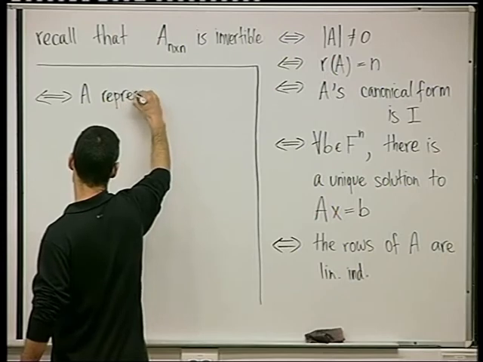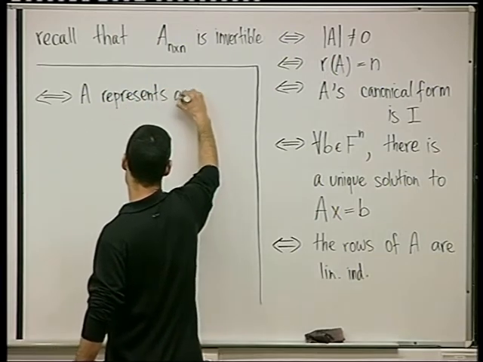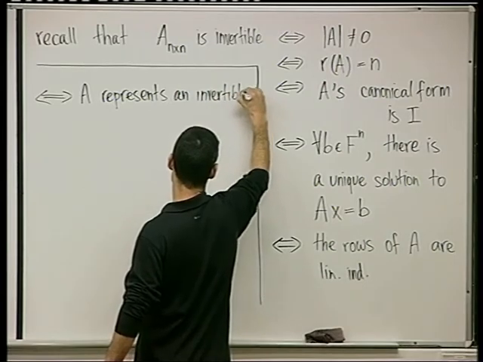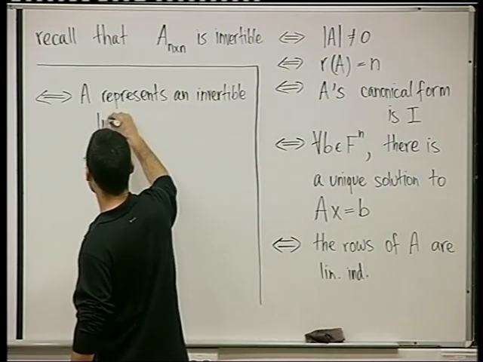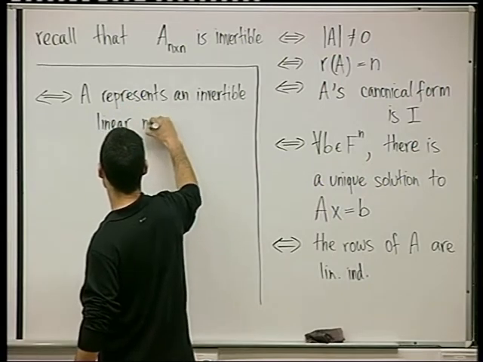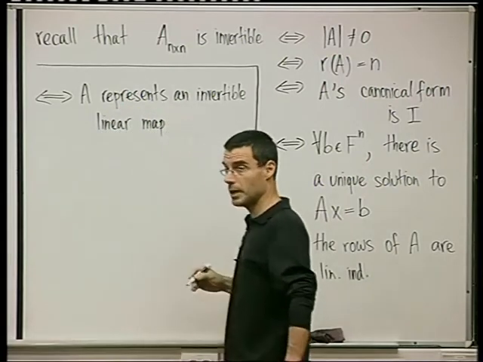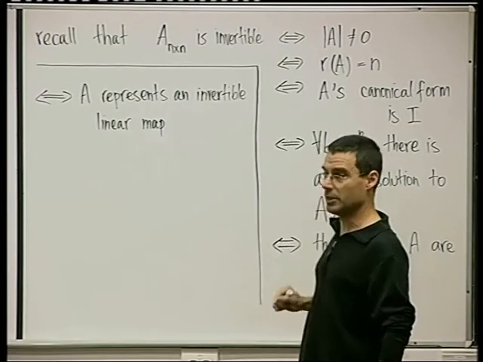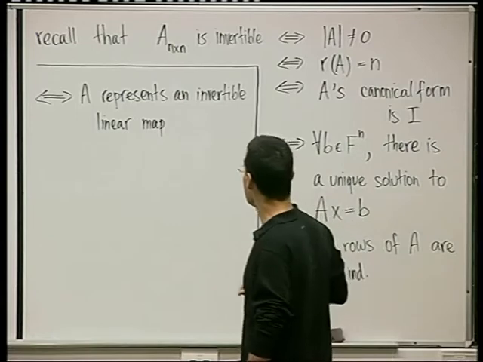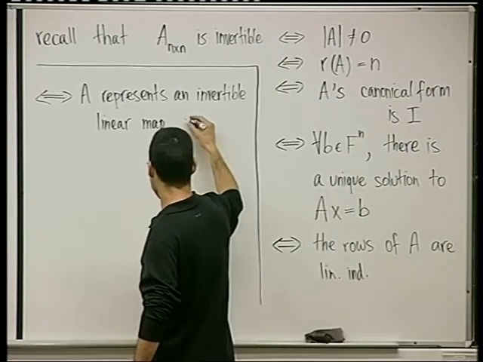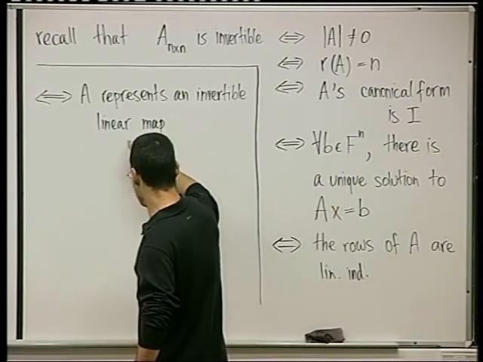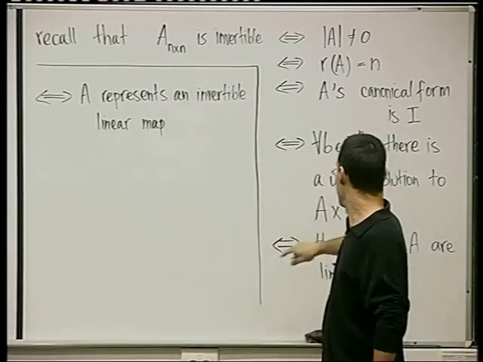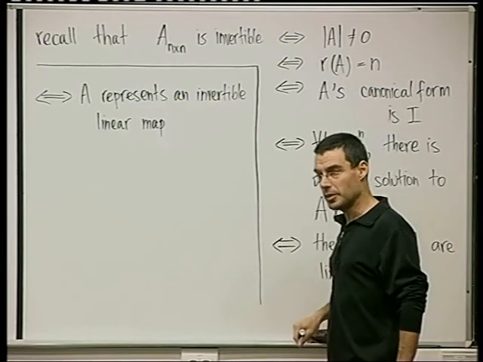represents an invertible linear map, linear operator, right? So if you define T of V to be AV, then T is going to be invertible, right? And the linear map is going to be a linear operator, because it's a square matrix, so it's going to go from Fn to Fn, for example.